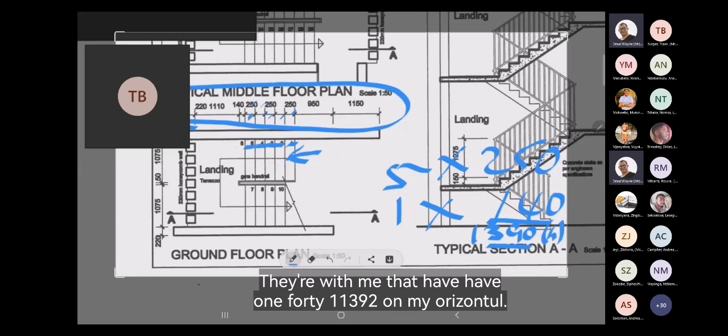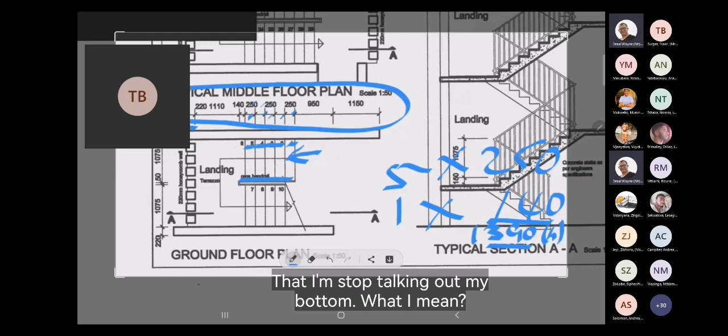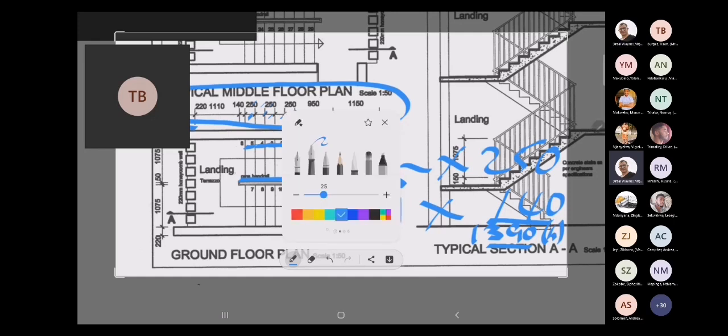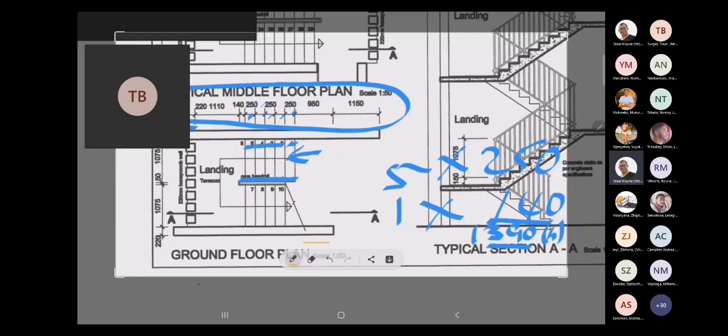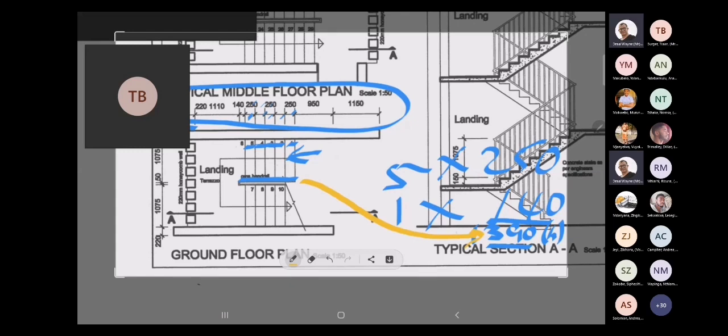I have 1390 on my horizontal. If I look at the balustrade and I take my balustrade, I'm starting out my bottom one from there to there. You agree with me? Right? I've got some people that agree that that is equal to that.